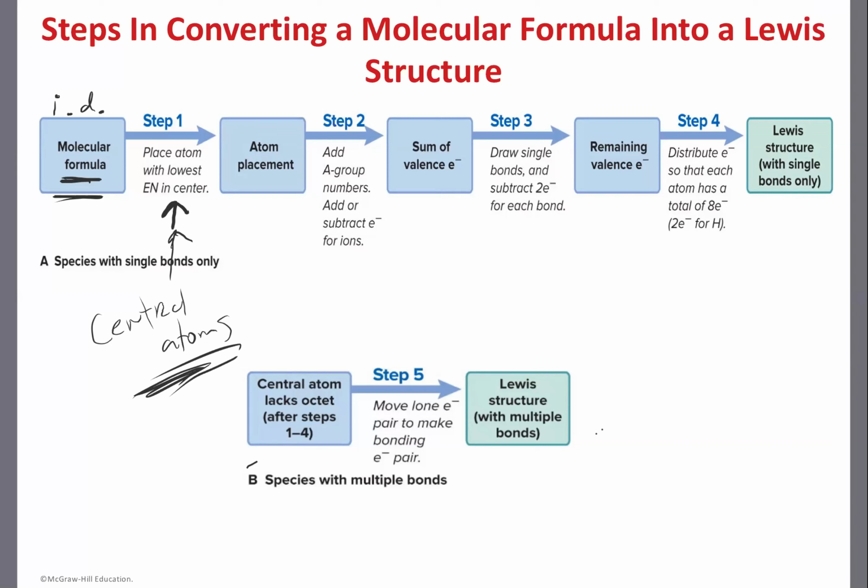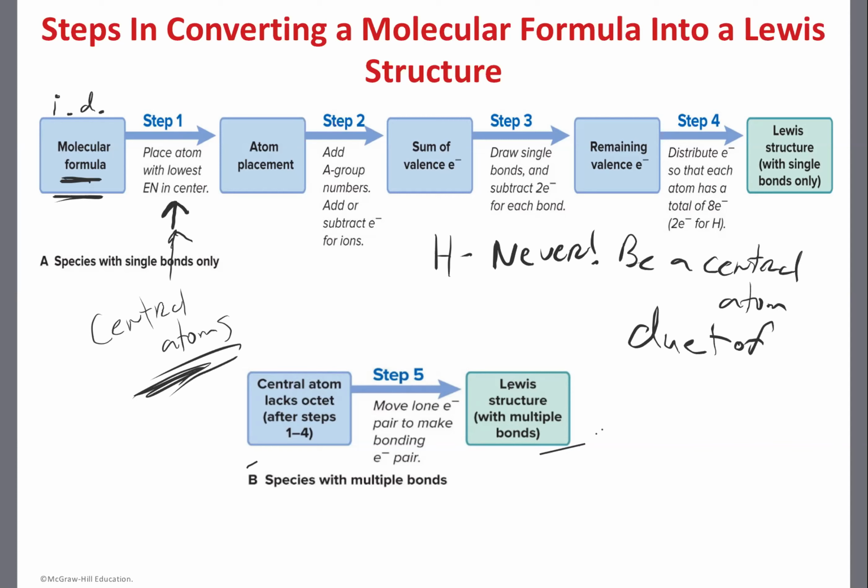Now, just as a general rule, I can give you some hints. It turns out hydrogen will never be a central atom. Never, ever, ever. Because when we write these structures, hydrogen will seek what I'm going to call a duet of electrons, which means two. Hydrogen seeks two electrons because if it gets two and shares two, its valence shell will be full.